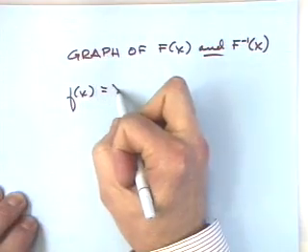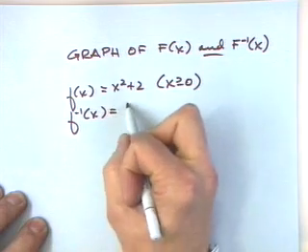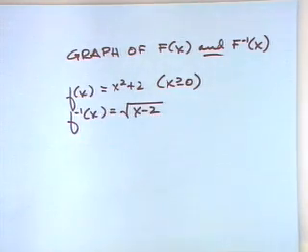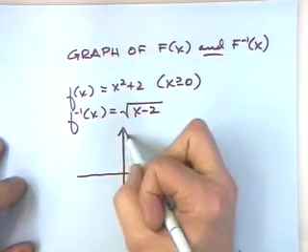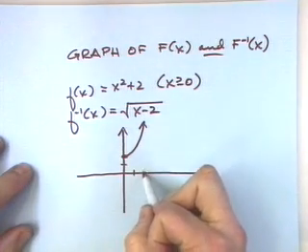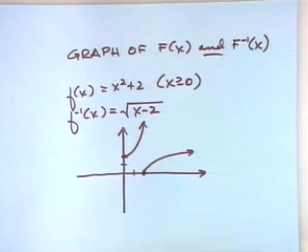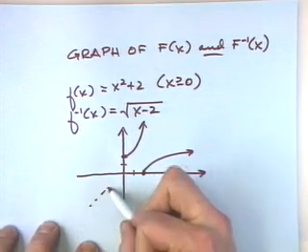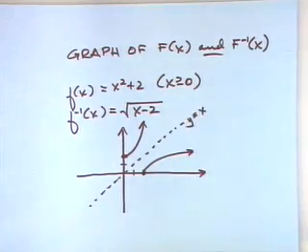So if we take our original function that we just looked at, the restricted version, and if we graph them on the same coordinate plane, and if we took the mirror image of one or the other and basically took the symmetric image on the other side of the line y equals x, I think we have the inverse.